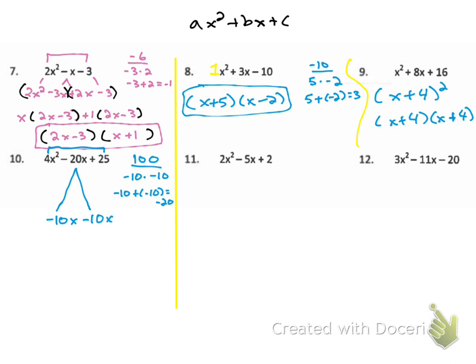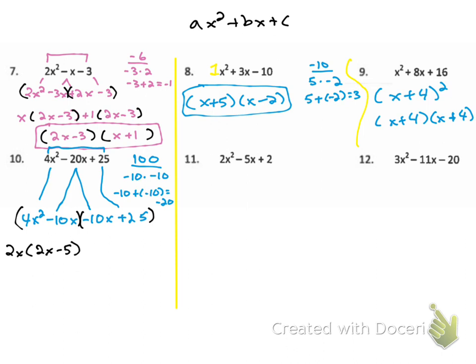-10x, -10x, plus 25, 4x squared. So 4 terms, factor by grouping. GCF of that first group would be 2x, which leaves me with 2x minus 5.